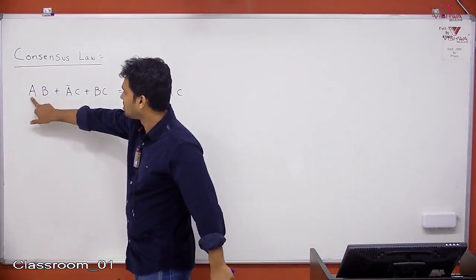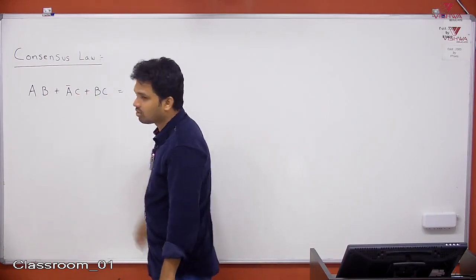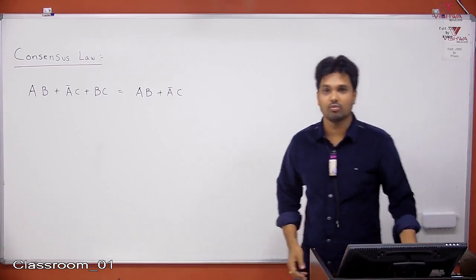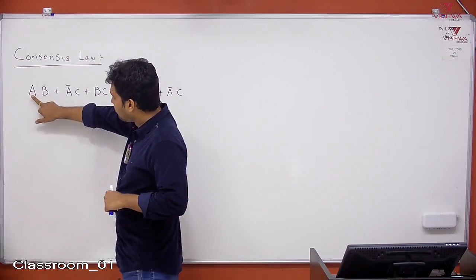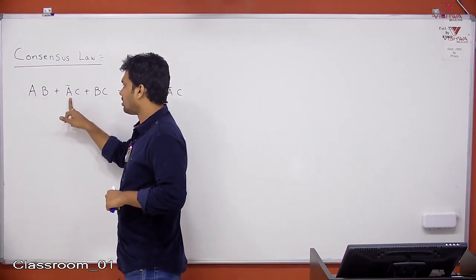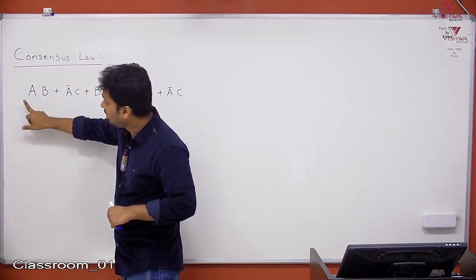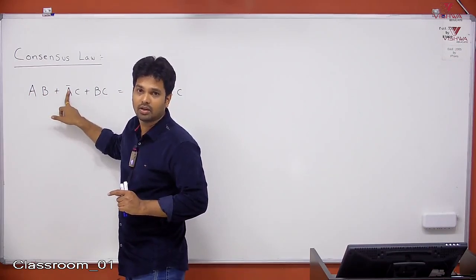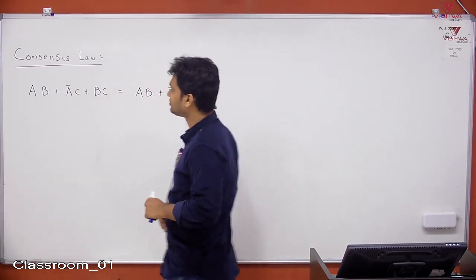Here A comes two times, B two times, C two times. And one more important point: only one variable in both normal and complementary form.